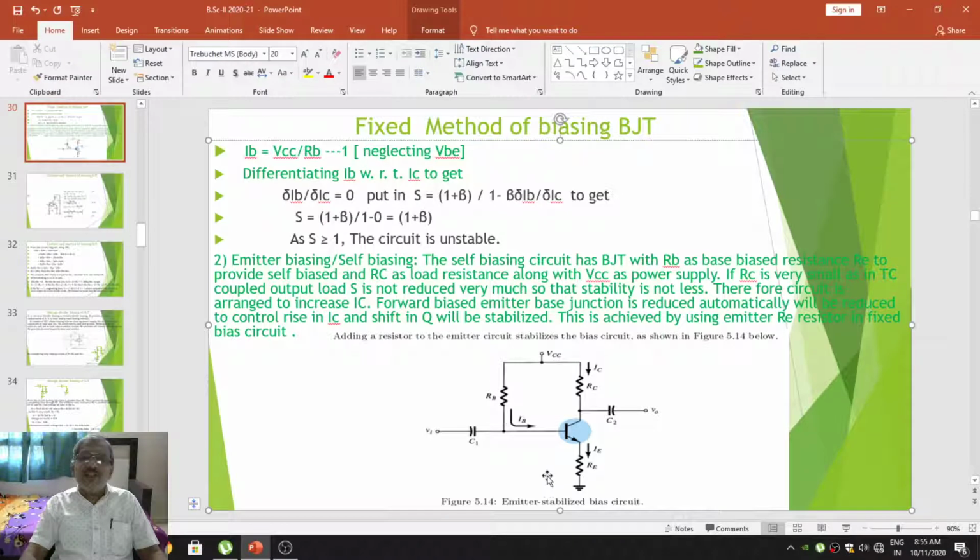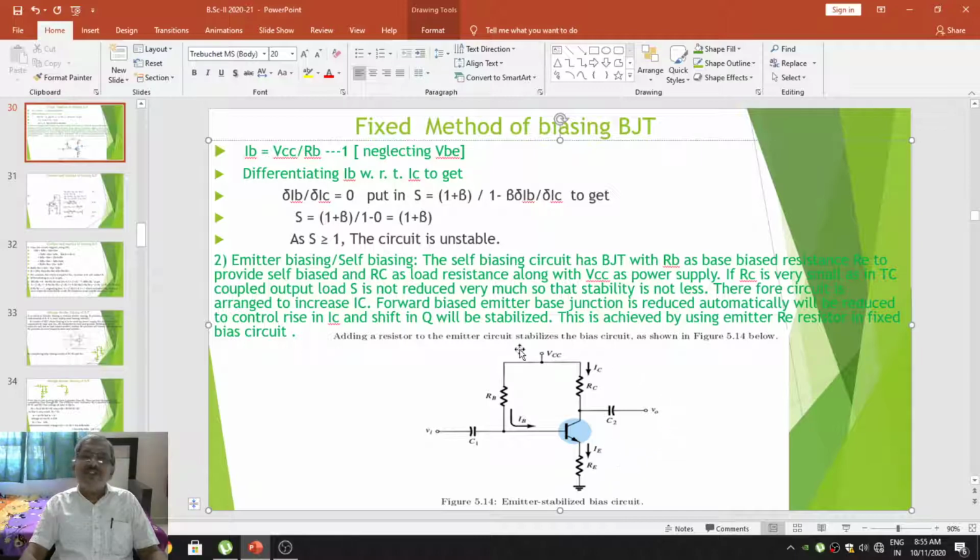In addition to that, emitter resistance RE is connected to allow emitter current IE to pass through it and to develop IE-RE as a voltage, which is essential to provide self-biasing as a feedback voltage to the BJT to adjust the operating point wherever region we require.